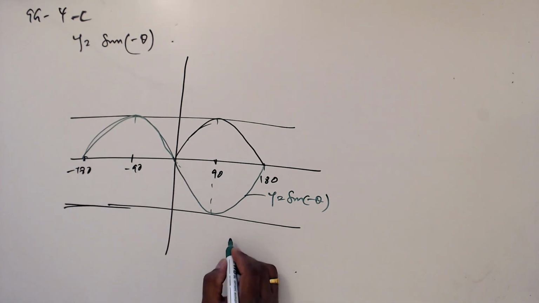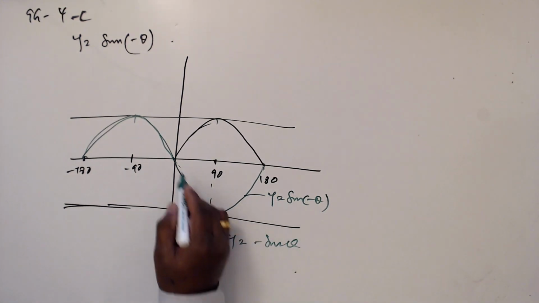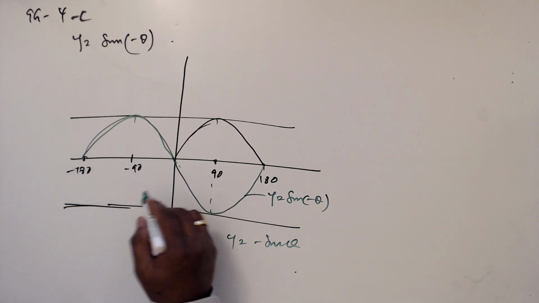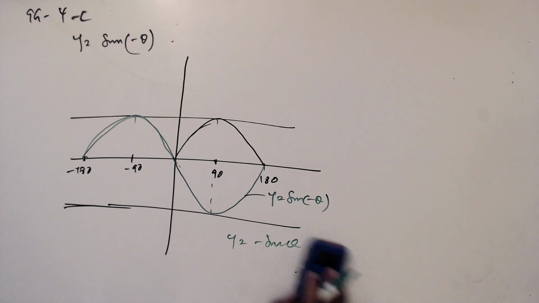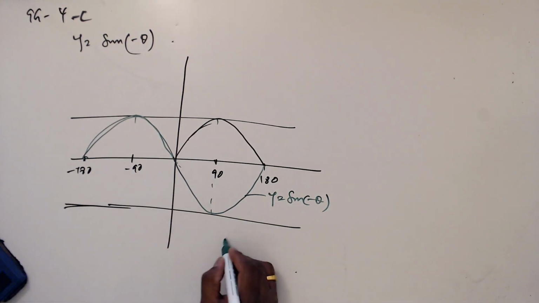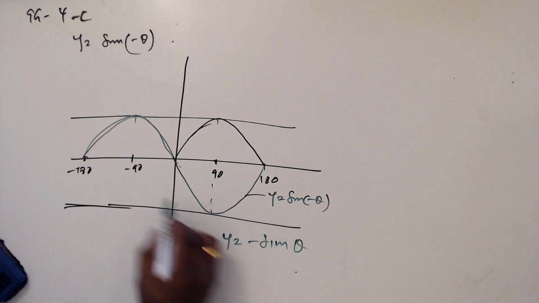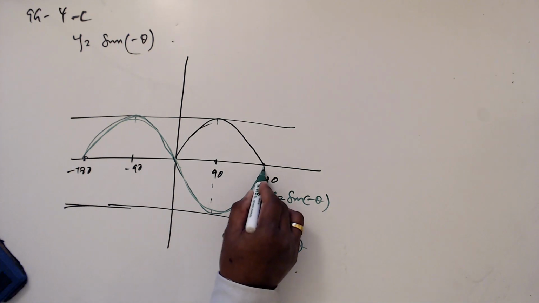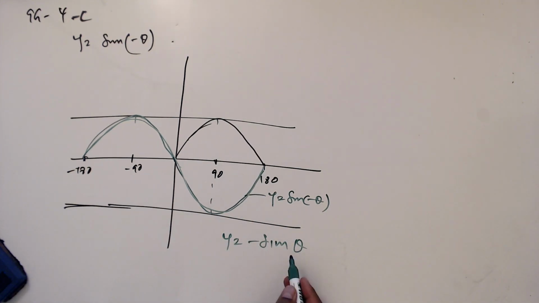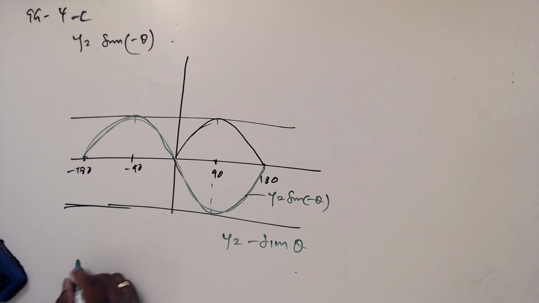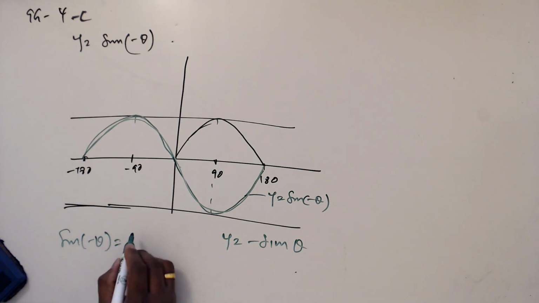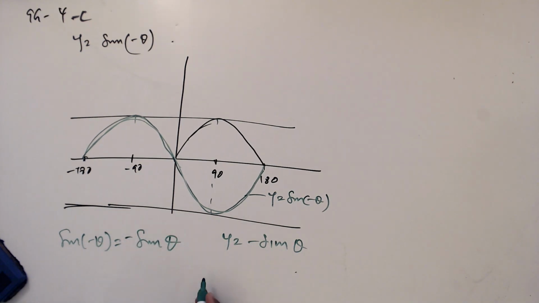But when you look at y equal minus sine theta, it means this is the same graph in other way. Just check the graph y equal minus sine theta. So you will get still the same graph. Then you will come to a conclusion from that. This is a good information. Sine minus theta equal minus sine theta. If you see sine minus 40, right, you can write minus sine 40.